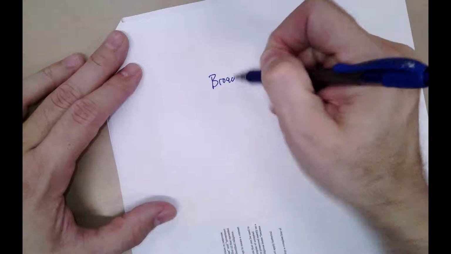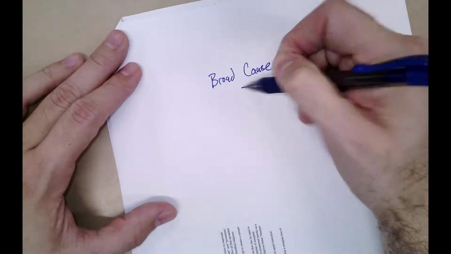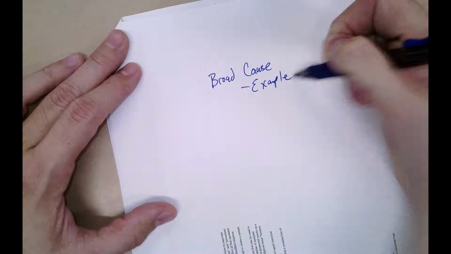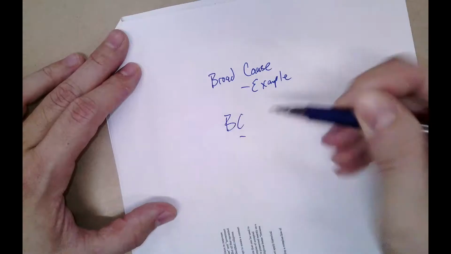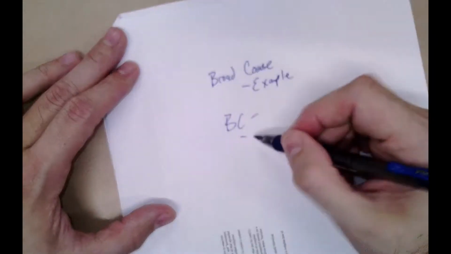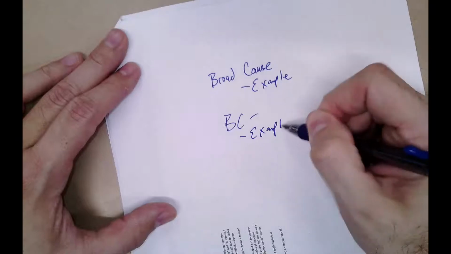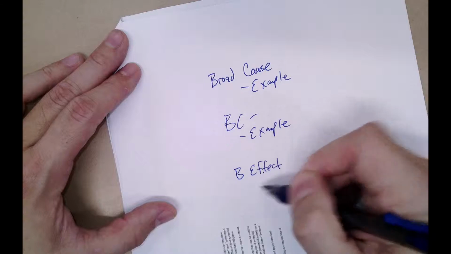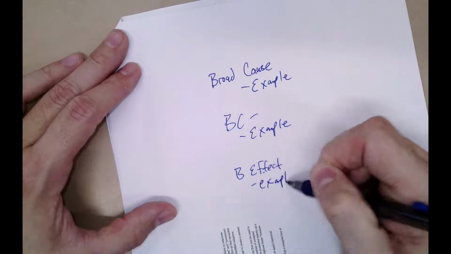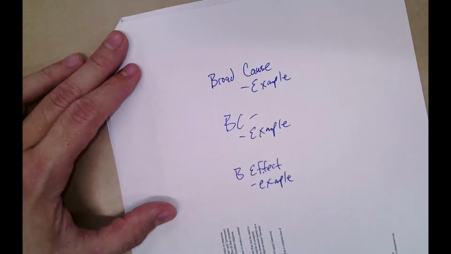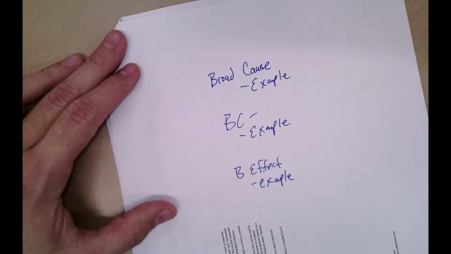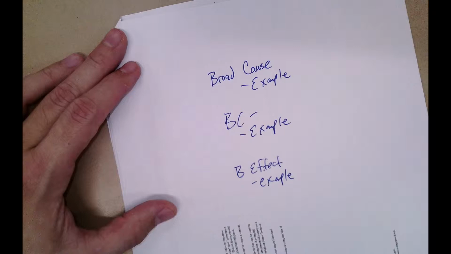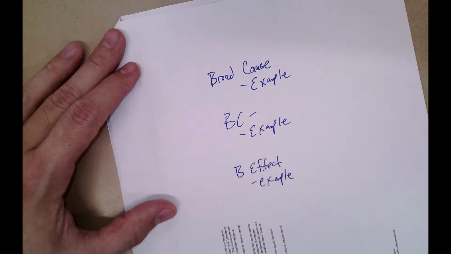Broad cause, example, broad cause, example, broad effect, example. Do you guys agree with that? And so that's your 3 paragraphs. And once you figure that out, your thesis statement's done. Okay? And that's kind of what it says in the Guatemala paper to do.